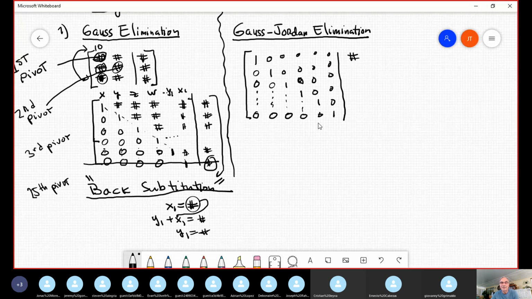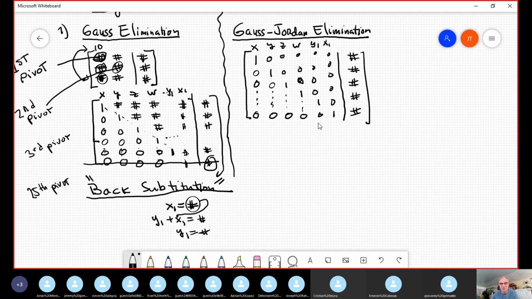And this number is an arbitrary number, the number that results when the row operation is performed. The magic for Jordan was, this is the X column, Y column, C column, W column, Y1 column, X1 column.